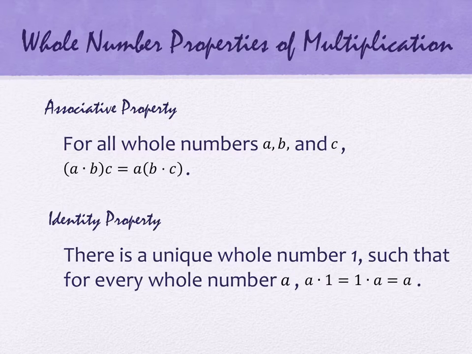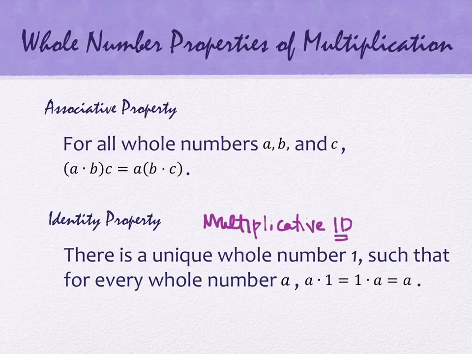This one right here: we had the additive identity before. This is the multiplicative identity. So where it says identity property, this is an identity property for multiplication. Whenever we identify this property as being used, we're going to call this the multiplicative identity.